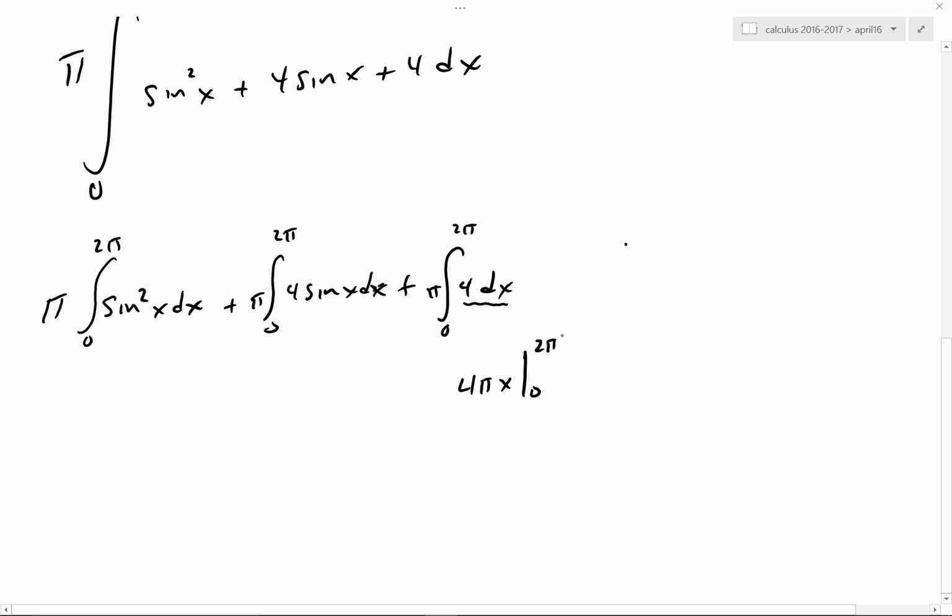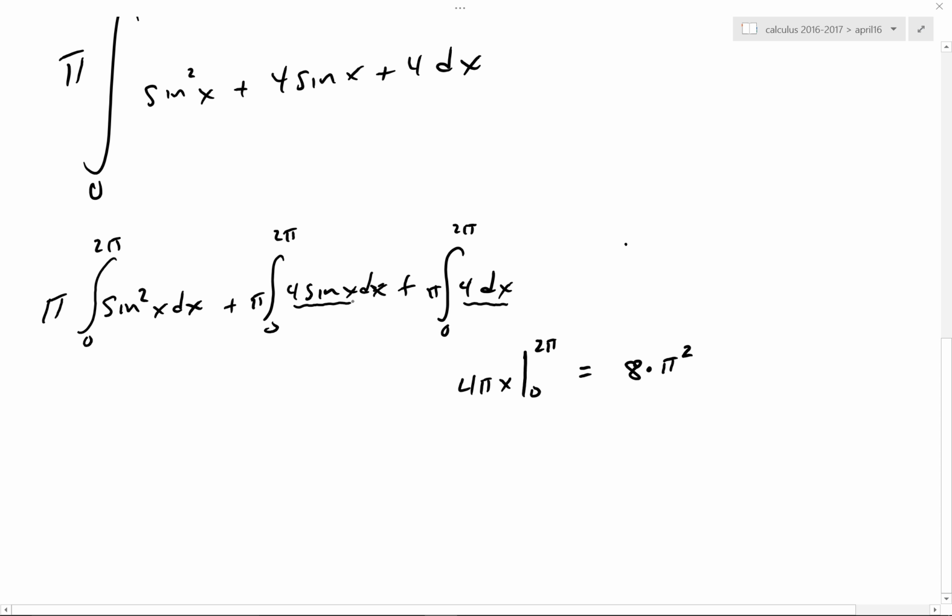What do you get? I feel like this is going to be 8 times pi squared. Yes? 8 times pi squared? I feel like I'm right. Nice.